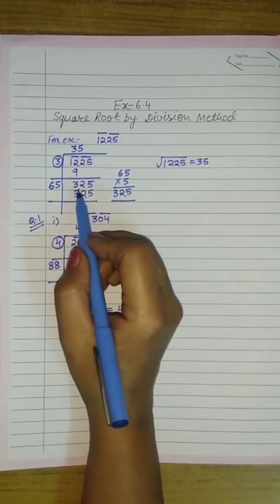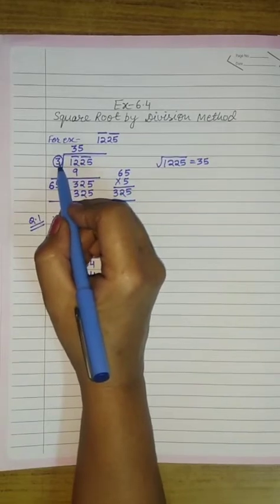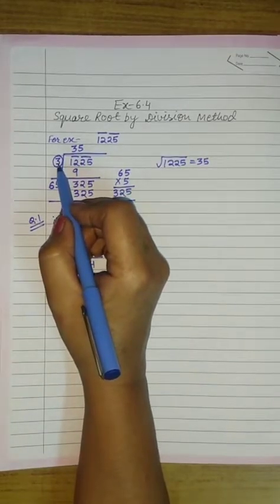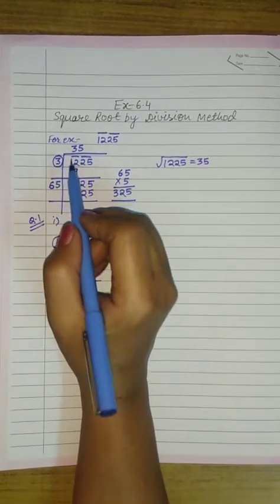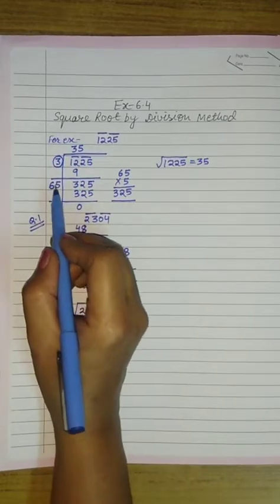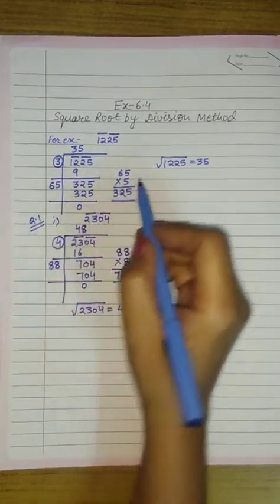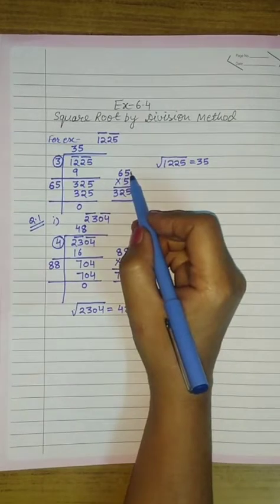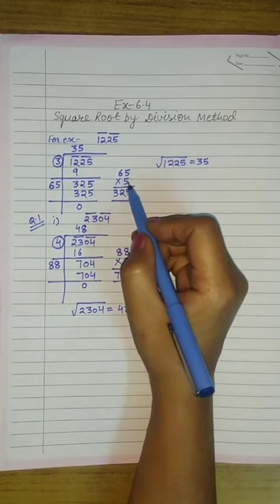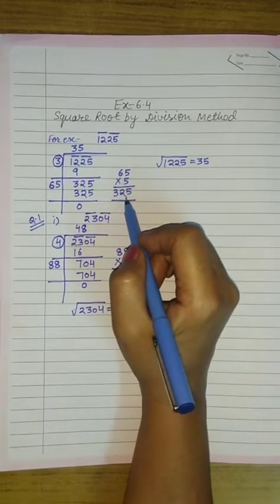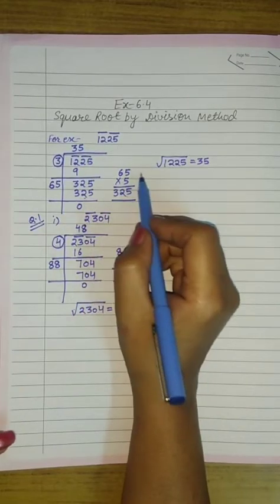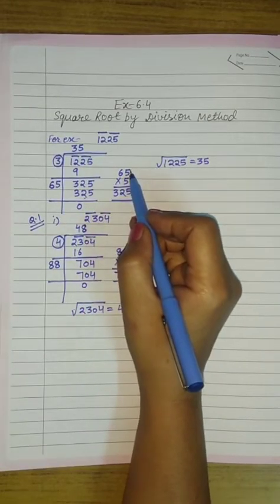And now we will double the divisor. What was our divisor? That is 3. So 3 2s are 6. Now after 6 we will again write a number which on multiplying itself will give a number equal to the dividend. So such number will be 5.